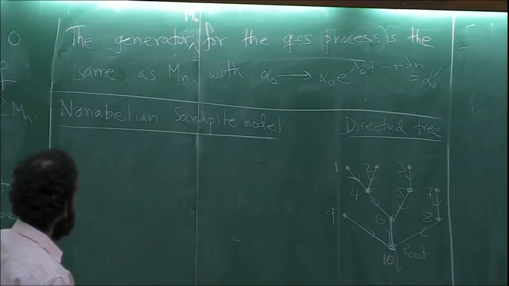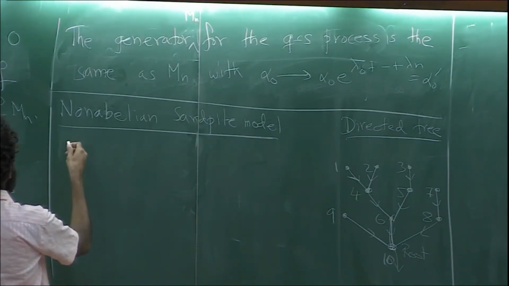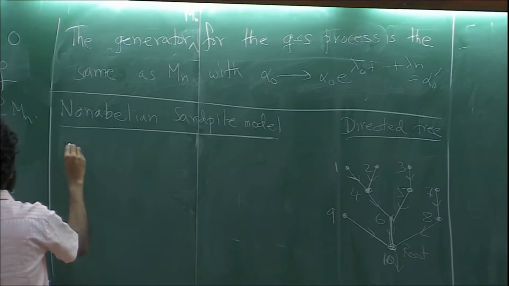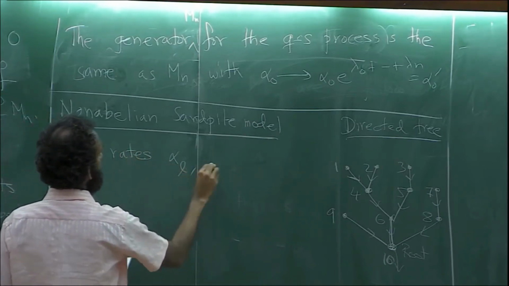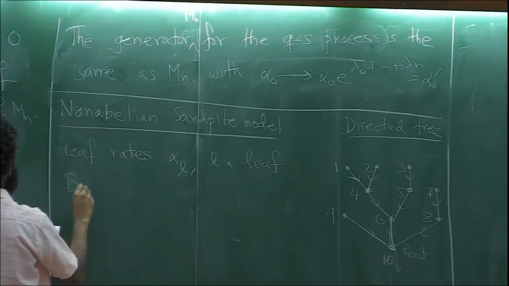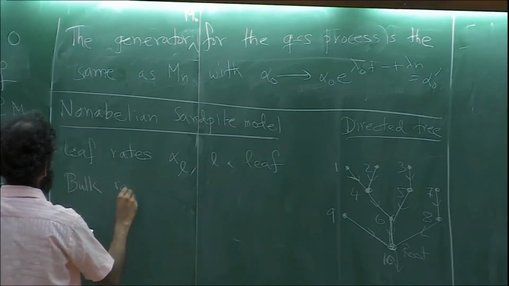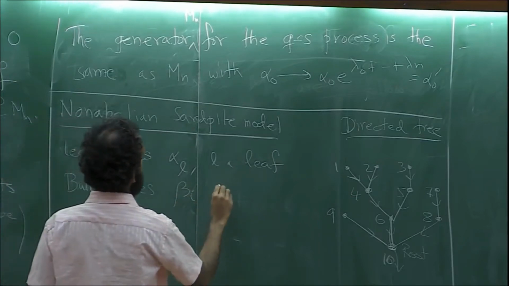Now we have entrance rates: leaf rates alpha L for L a leaf, and bulk rates beta I for each site I in the tree.